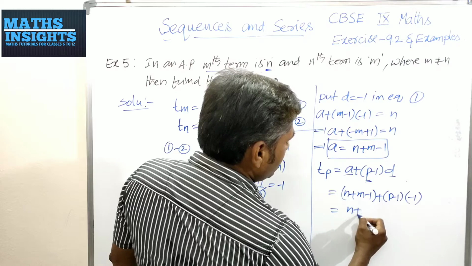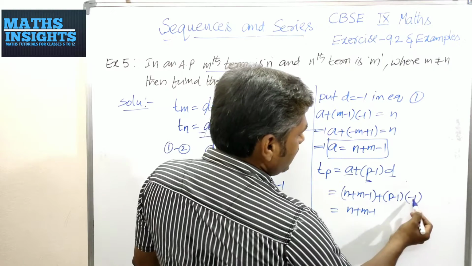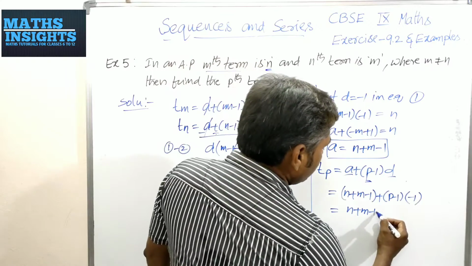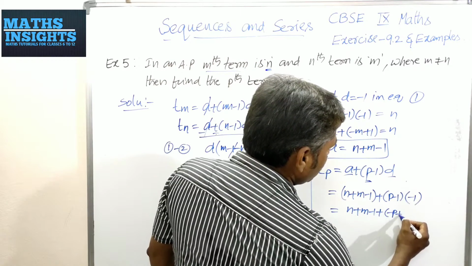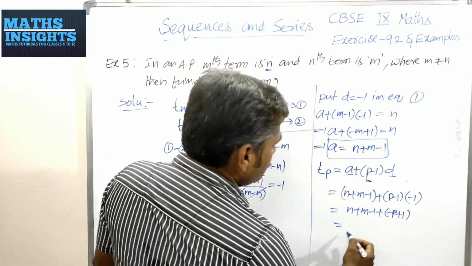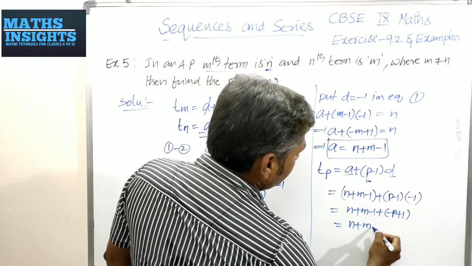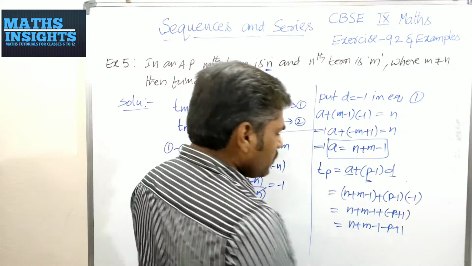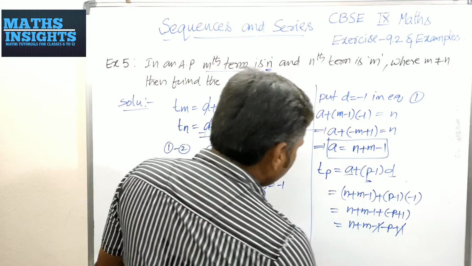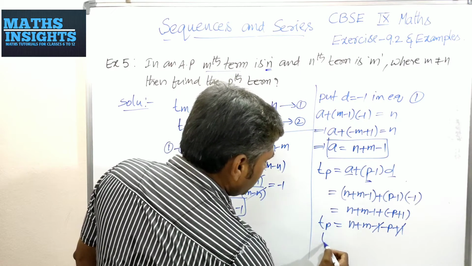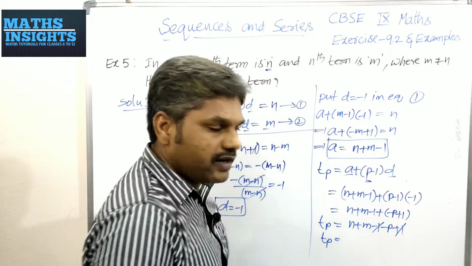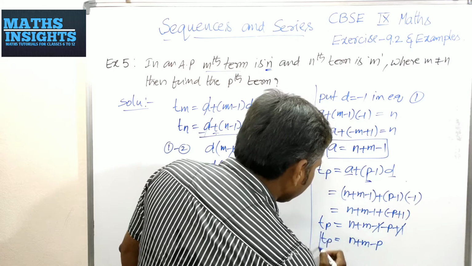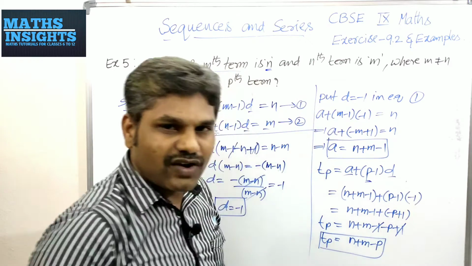Then n plus m minus 1, I am multiplying p minus 1 with minus 1. Therefore that will become minus p plus 1. That implies n plus m minus 1 minus p plus 1. If you cancel plus 1 and minus 1, your pth term which is required is equal to n plus m minus p. Is it simple or not?